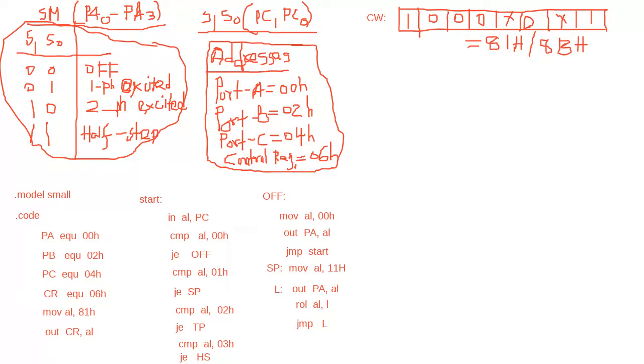But you know that we have to write something for how many times we have to do it. Once we come to the single phase mode, we have to do the rotation 4 times, right? So move here, one more line, move CX comma 4 times. If it makes the rotation 4 times, then it will complete. I think instead of jump we can write a loop, and that will be better.